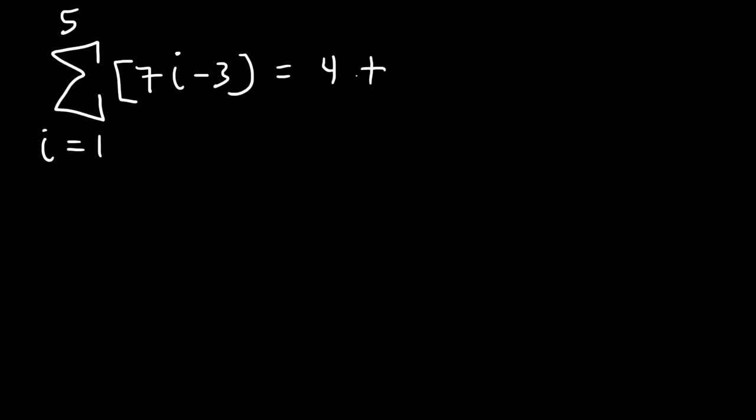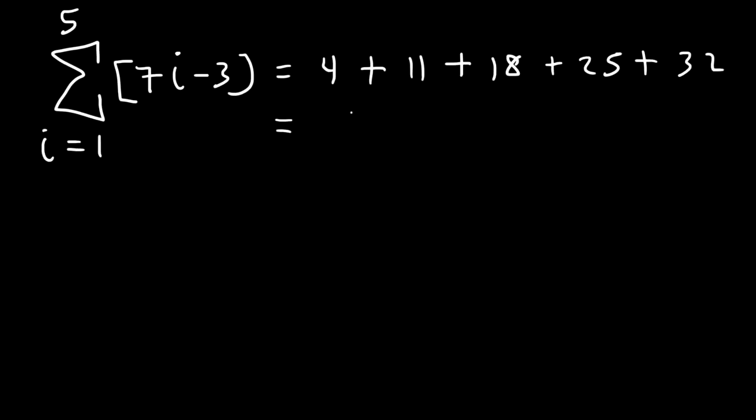If we plug in 2, 7 times 2 is 14, minus 3 is 11. If we plug in 3, 7 times 3 is 21, minus 3 is 18. Notice that the numbers are increasing by 7. We have an arithmetic sequence, but with a sum. So the next number is going to be 25, and the fifth one, the last one, is 32.